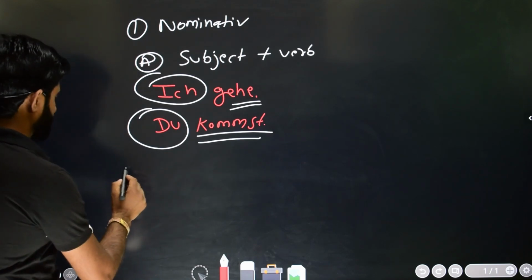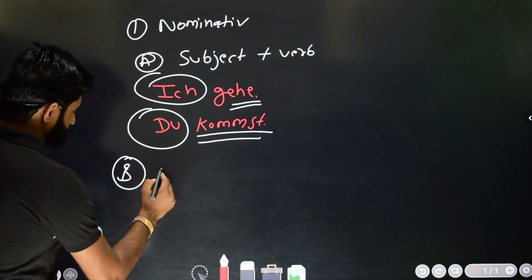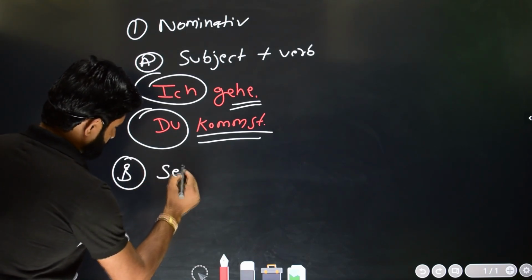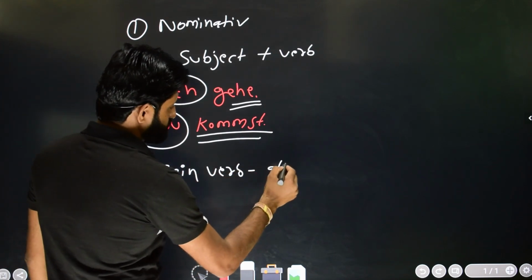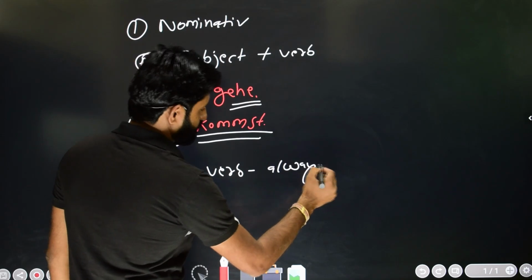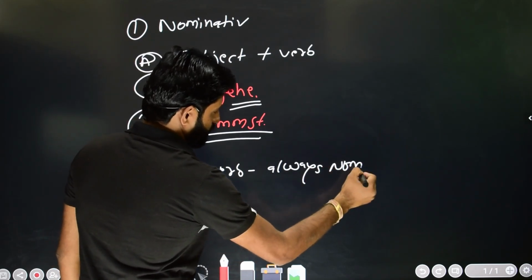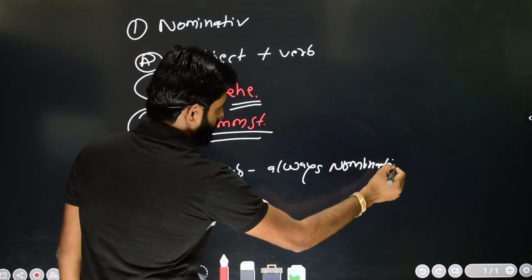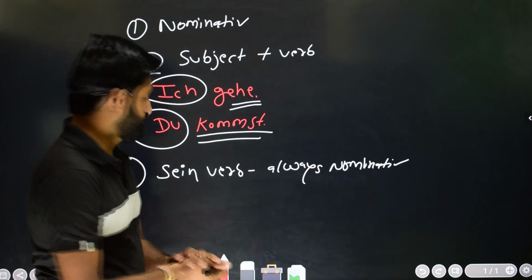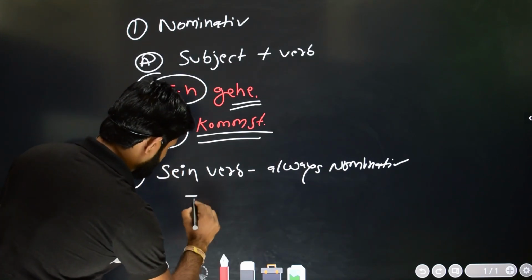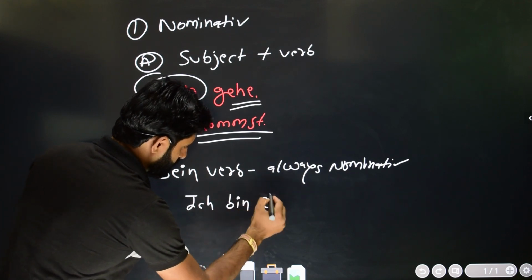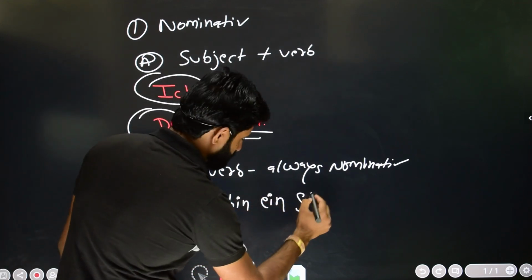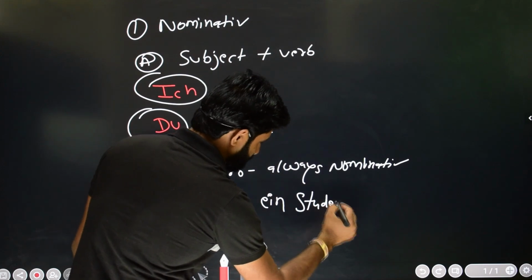Now coming to the second one. The second one is the sein verb, always nominative. So the sein verb will be nominative. Example: Ich bin ein Student.